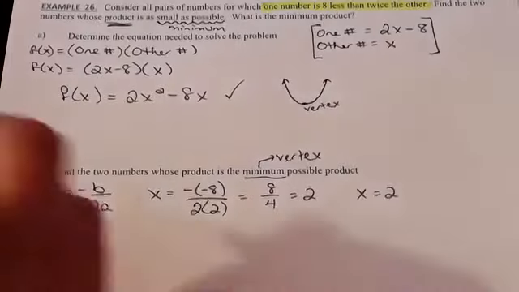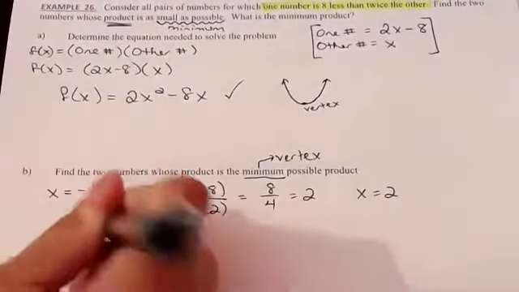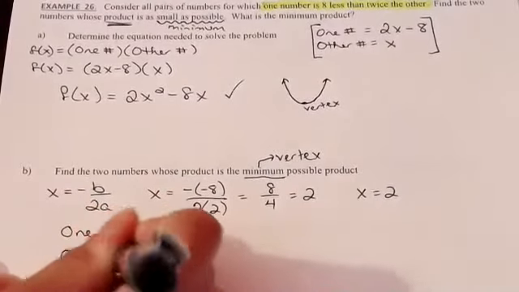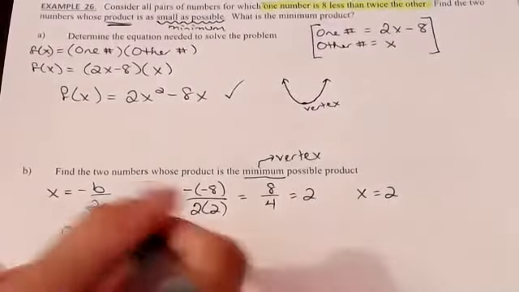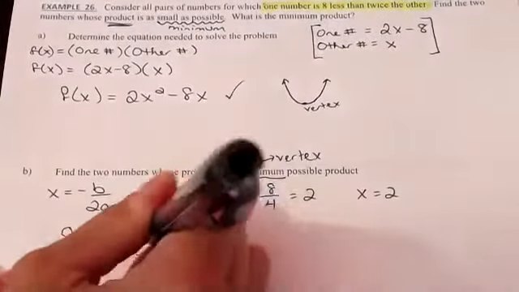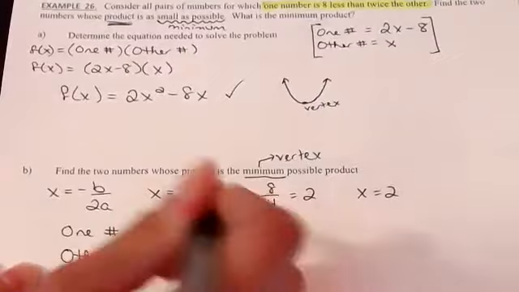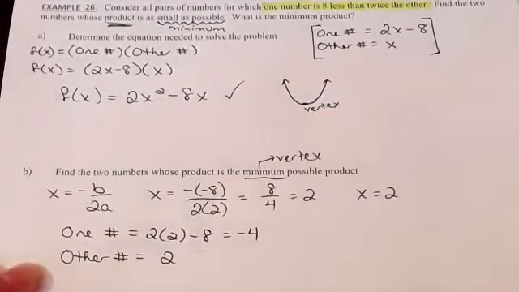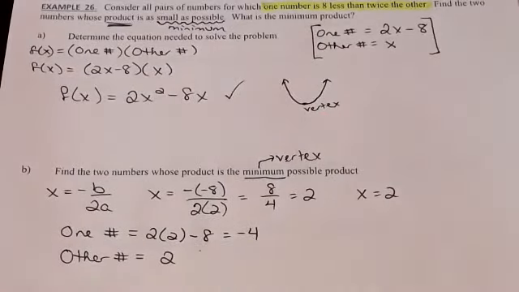So let's write this out. One number, other number. I just found x, so let's plug that in. The other number is x, which is 2. And then our one number is going to be 2 times 2 minus 8, or 4 minus 8, which is negative 4. So find the two numbers whose product is the minimum possible product. In this case, it's going to be 2 and negative 4.